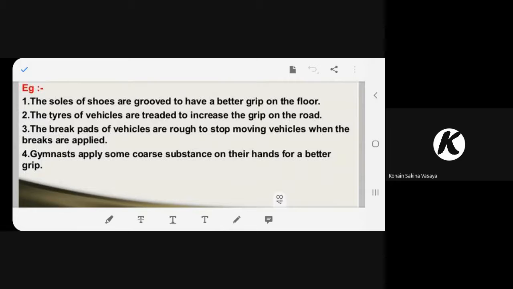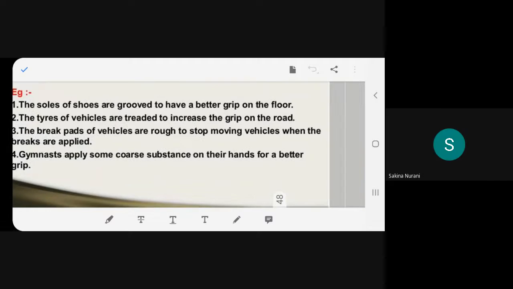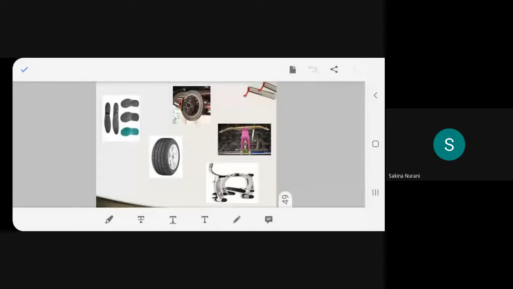The hold on the rod will be firm and there will not be any accident, because if they fall, they may even die. They may even break their bones. So as not to let that happen, they apply some rough substances on the hand for a better grip on those poles. Any problem? No, ma'am. Okay.